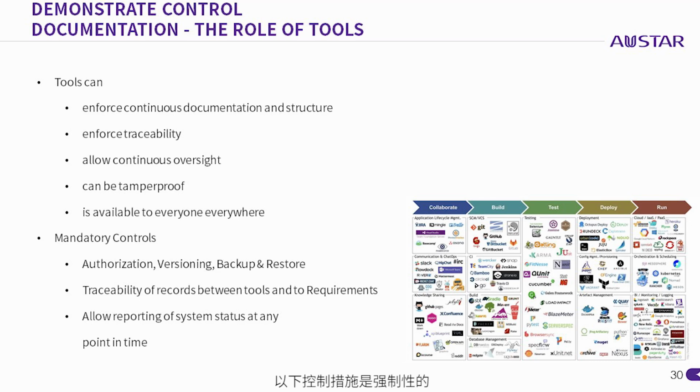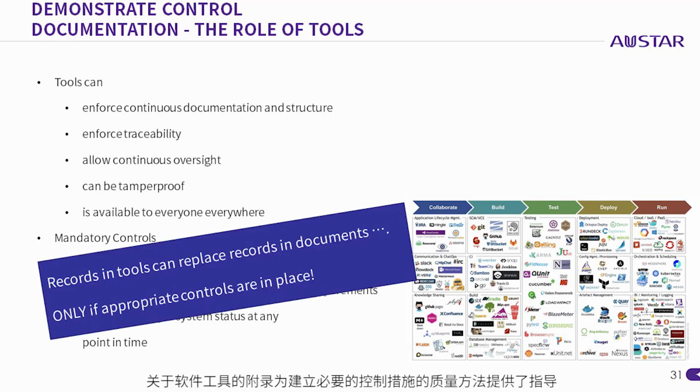The following controls are mandatory: authorization, versioning, backup and restore to keep the records safe, traceability of records between tools and traceability to the business requirements, and allow reporting of system status at any point in time. The appendix on software tools provides guidance for a quality approach that would establish the necessary controls.